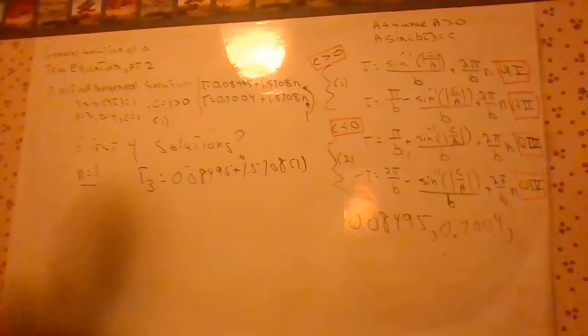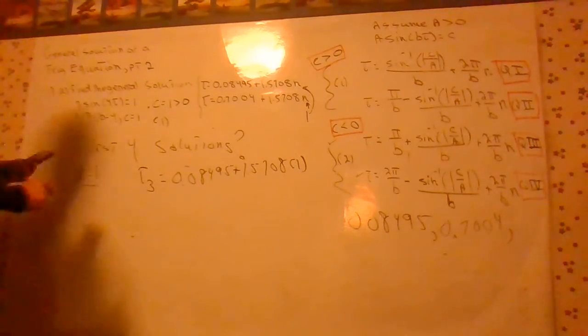And let's go ahead and calculate that and see what we get. 0.08495 plus 1.5708 equals, and I get 1.65575.